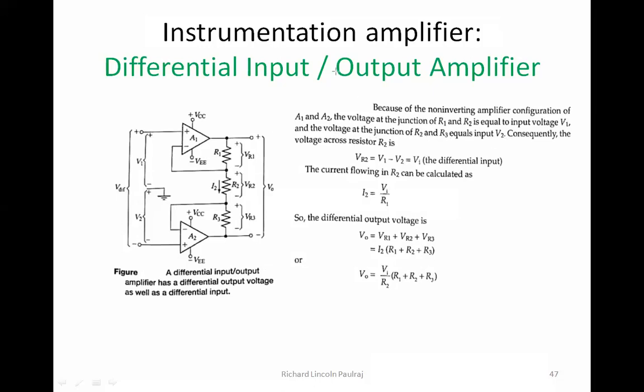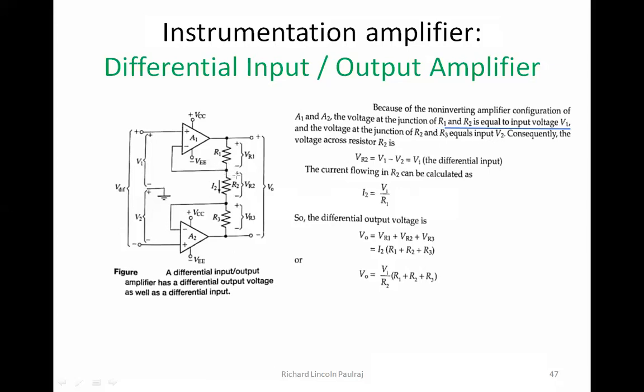Now this is important. You have to understand that across R1 and R2 it is replicating the voltage of V1. Between R1 and R2 it is replicating the voltage V1. Let me annotate it.